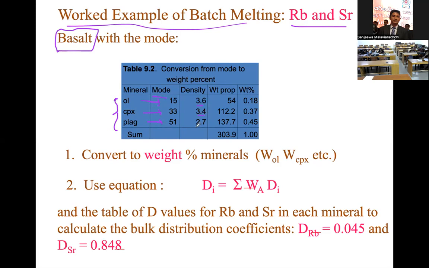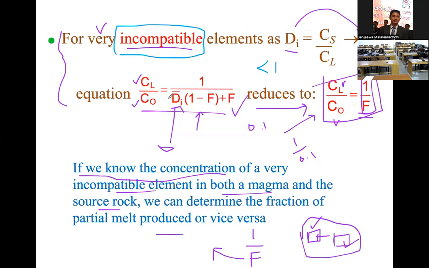To apply this information into the batch melting equation, we need the partition coefficient and the degree of melting. If we know these two, we can plot this ratio. We might not be able to find this individually, and it is not necessary, because we are taking the proportion for the time being.